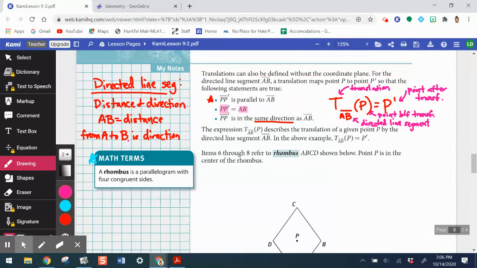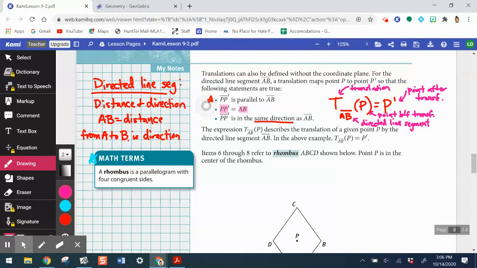So the way I typically like to read this is P prime is the result of a translation of point P using the directed line segment AB. And remember, the fact that AB is our directed line segment means we are going to move our translation whatever distance or length AB is and in the same direction as AB.